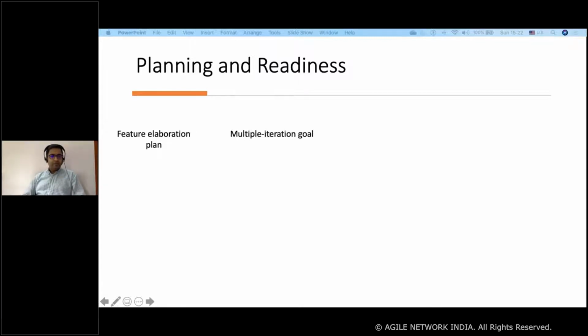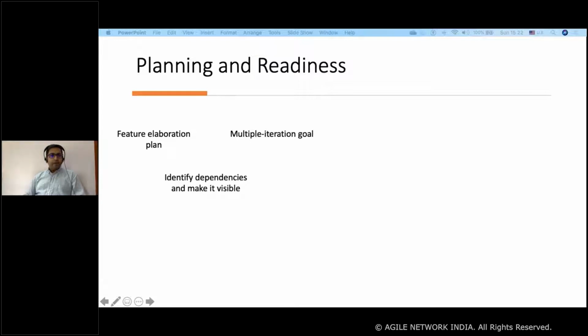Features span multiple sprints, so that was lacking. So multi-iteration goals were introduced, so that teams do not focus only on individual sprints.